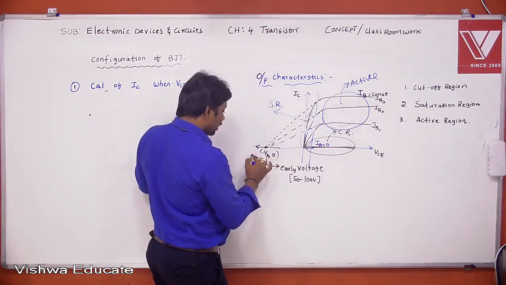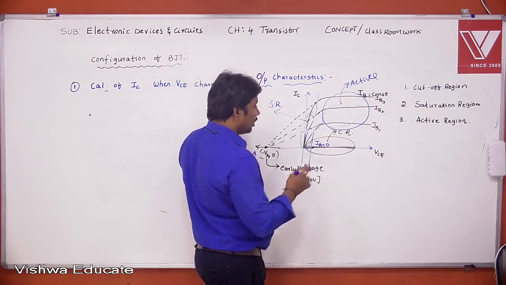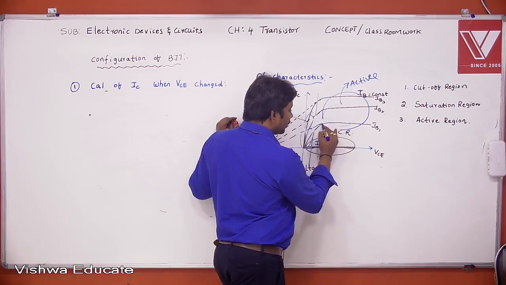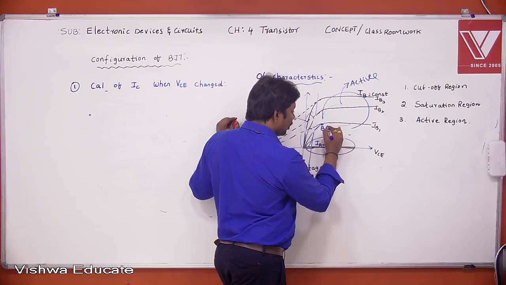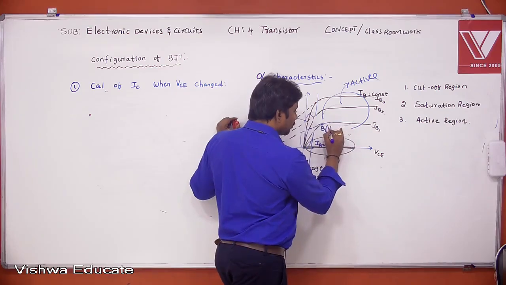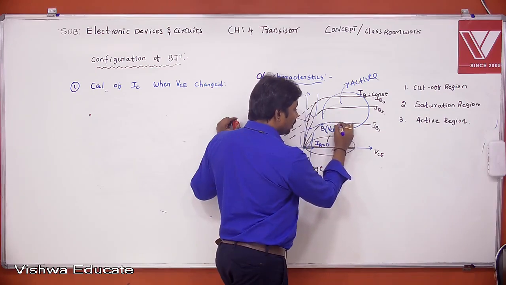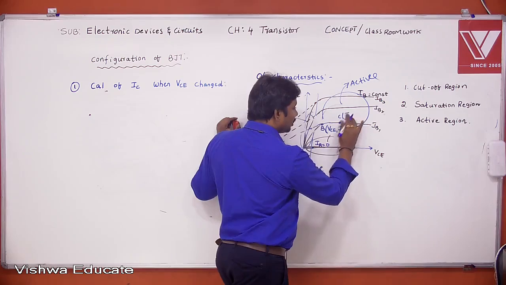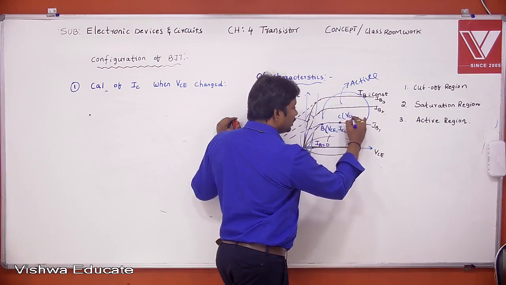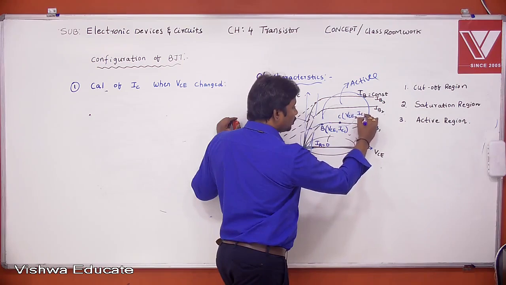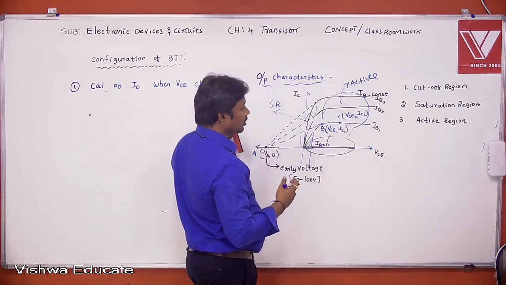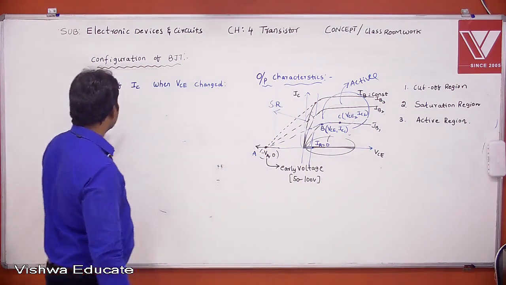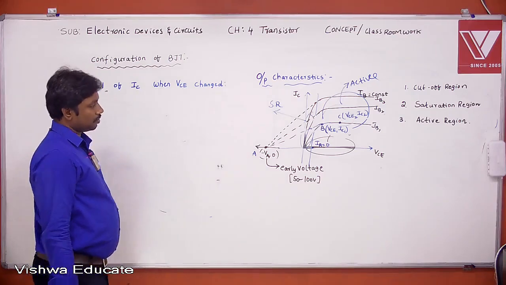This point is considered as A, and here I can consider a point B. This B point is nothing but VCE1 comma IC1, and one more point I can consider, that is C, VCE2 comma IC2. I am considering three points for calculation of IC when VCE changed.